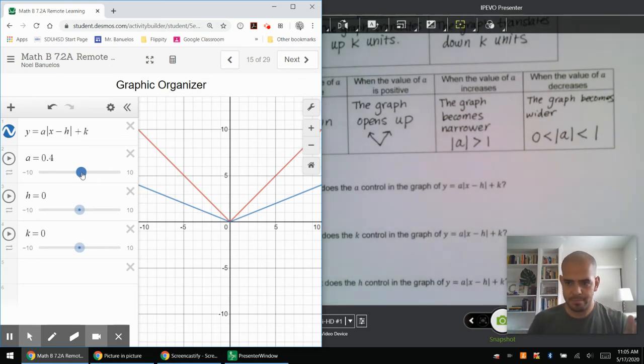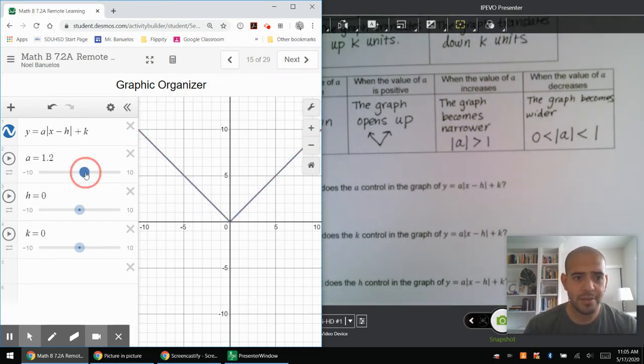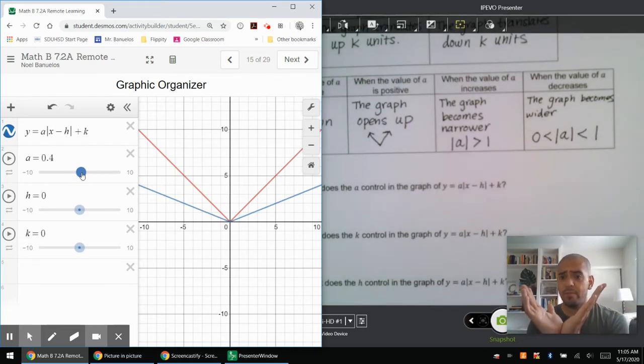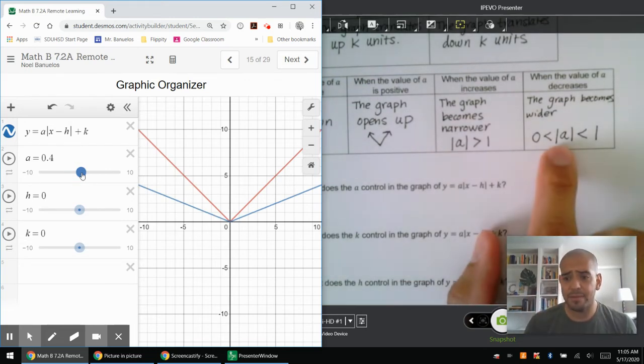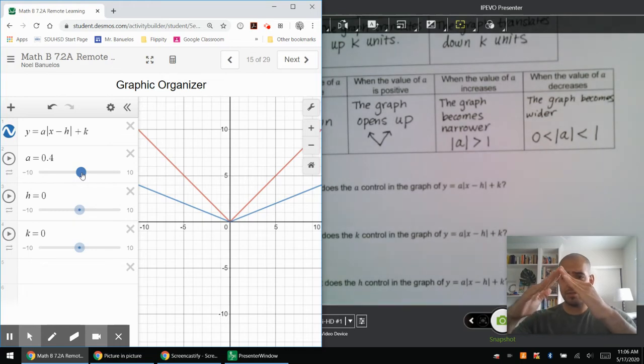If A is in between 0 and 1, you expect your V, your absolute value function, to be pretty wide. Okay? So anywhere in between 0 and 1, you expect that V to be pretty wide. But the reason why I put absolute value is because we have to take into account when it's facing down.